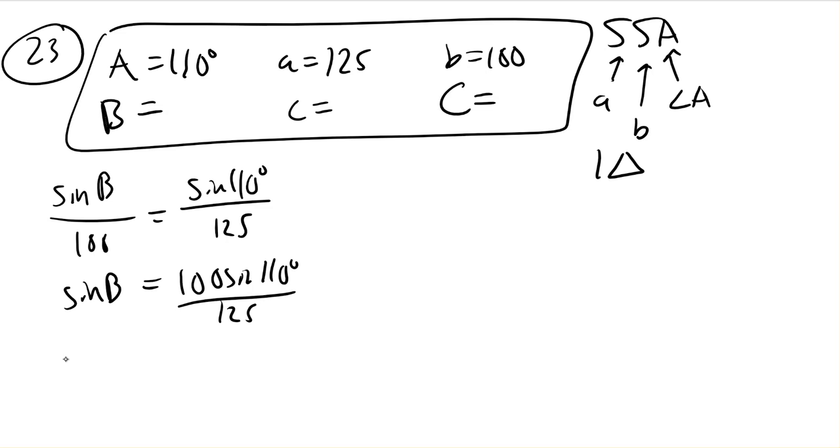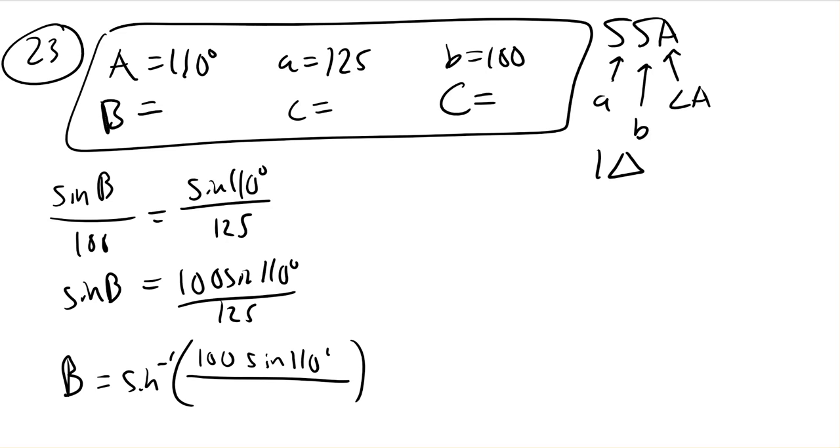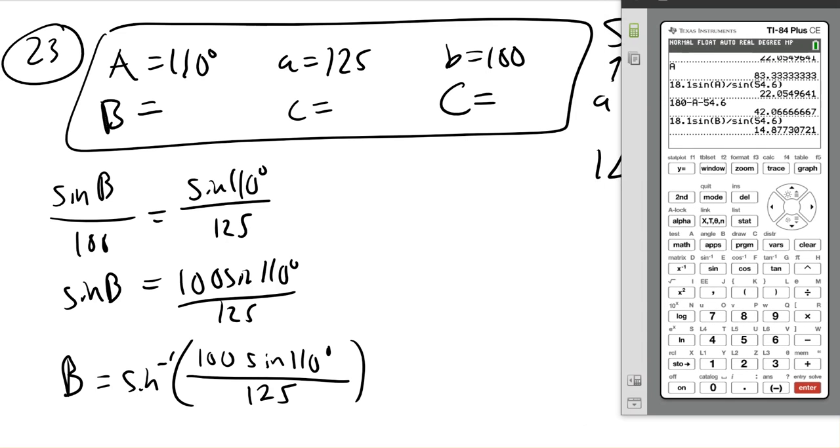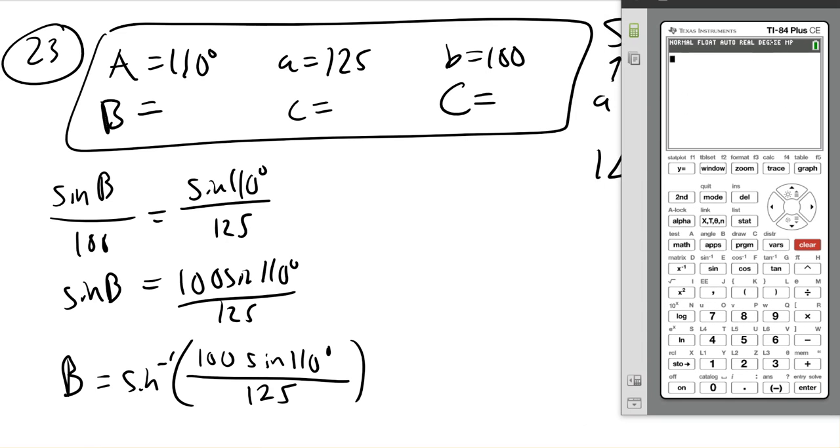To get from sine of B equals to B equals, it is inverse sine, not inverse cosine. This isn't the law of cosines, this is the law of sines, so it's going to have sines in the formula. Make sure your calculator is in degree mode, and other than that, your calculator should handle the rest.